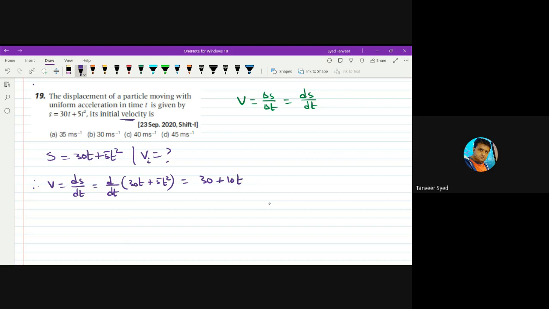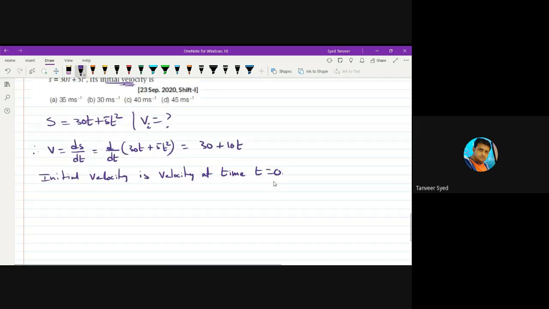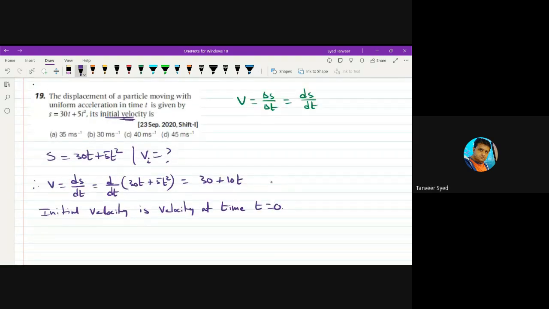Now we want velocity, initial velocity. Initial velocity is velocity at time t equal to 0. Time t equal to 0 దగ్గర ఉన్న వెలాసిటీ ఇనిషియల్ వెలాసిటీ అంటాం. సో ఇందులో t equal to 0 పెట్టేస్తే you get 30 meter per second.